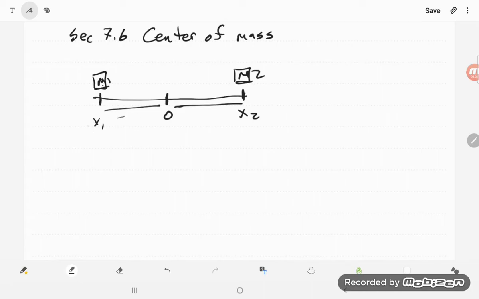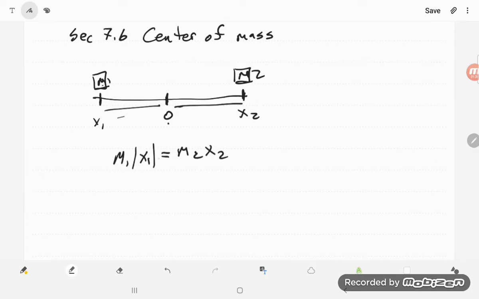Well, since x1 is a negative number, it's actually the absolute value of x1. So if 0 here again is the balance point, then it must be that m1 times the absolute value of x1 is equal to m2 times x2. I don't need absolute values there because x2 is a positive number.